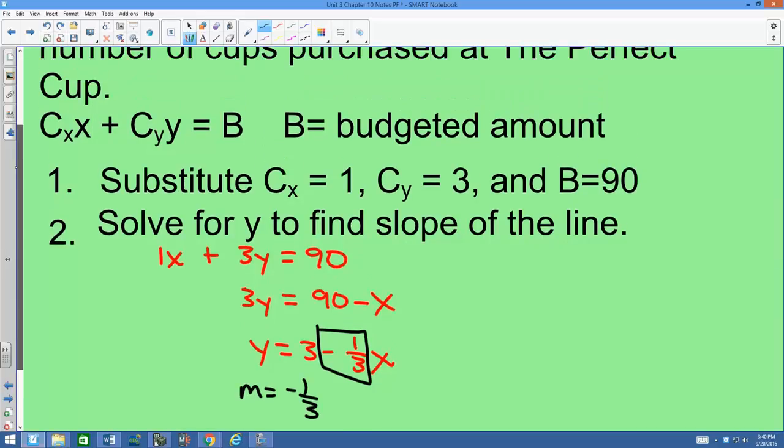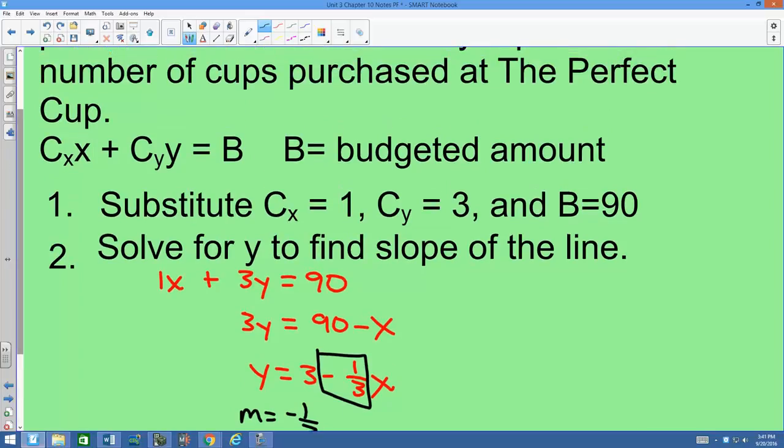Basically what this is saying here is the cost of going to QT times how many times she goes to QT plus the cost of going to Starbucks times the amount of times she goes to Starbucks equals her budget, and that would make the line.